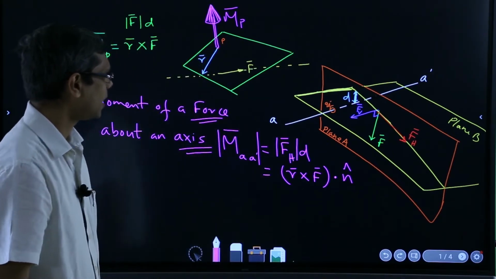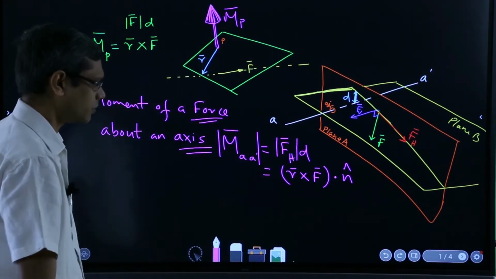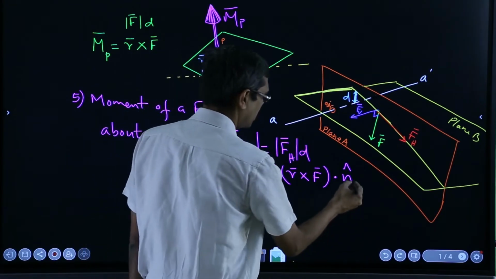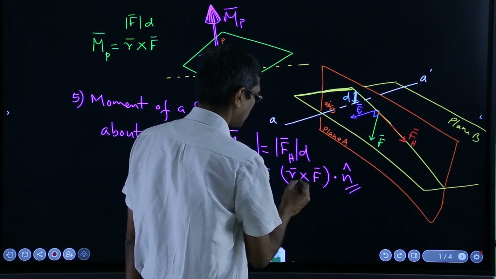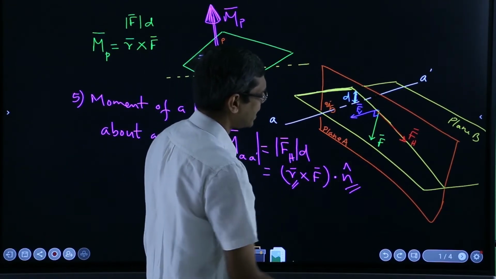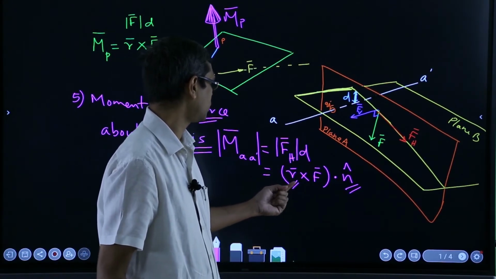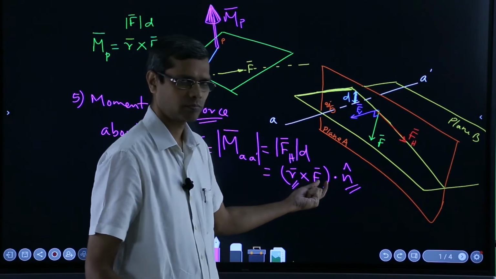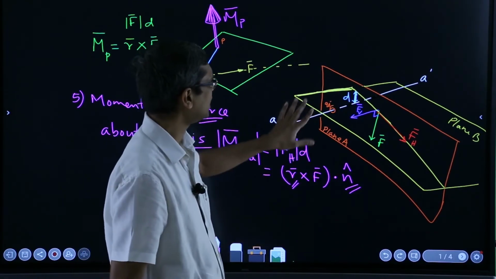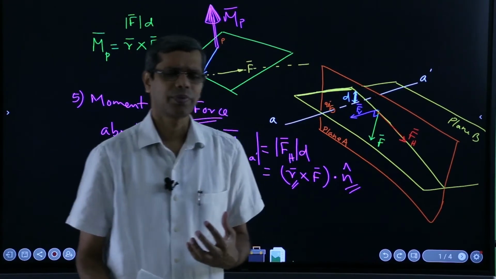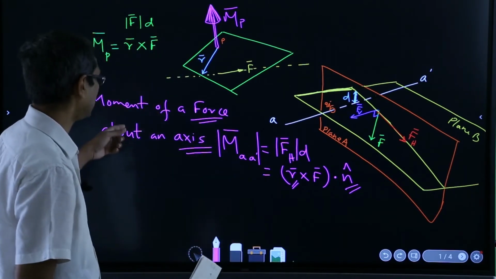Okay. Now, there are some natural questions which will come up. What is N? What is R? Because on this diagram we have never shown these two things. The only thing we have shown is F, because we were just trying to understand what physical quantity is being represented by this.